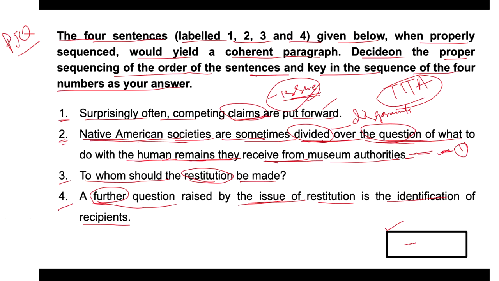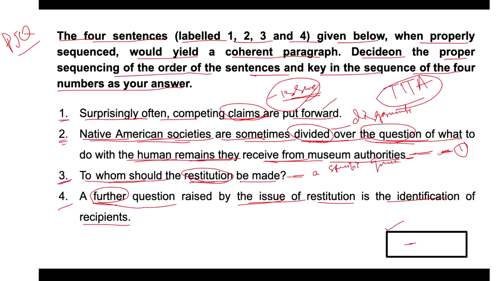Sentence three states, to whom should the restitution be made? So it indicates that this sentence poses a specific question, related to the main topic, the one discussed in option 2.